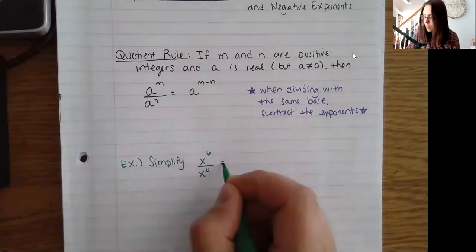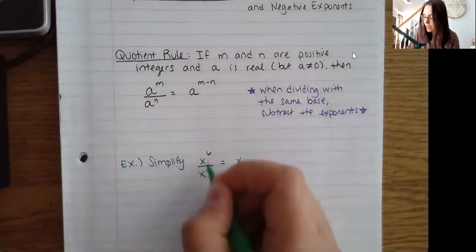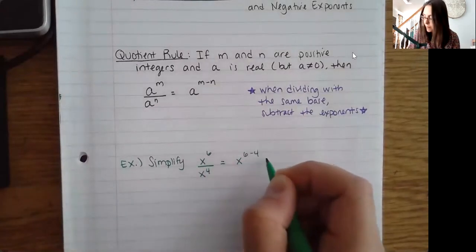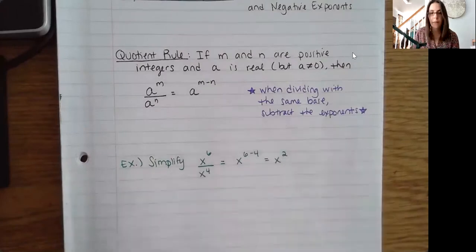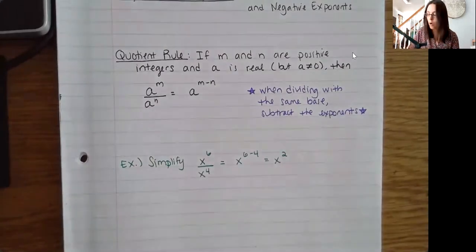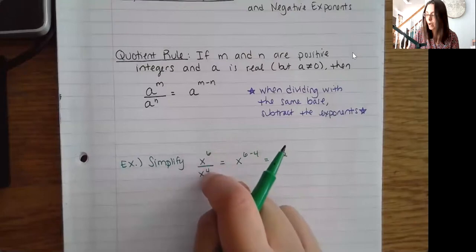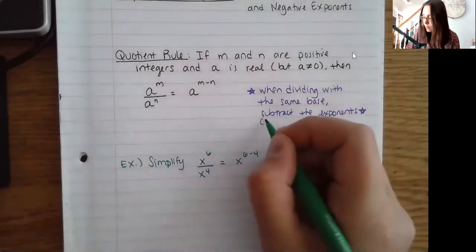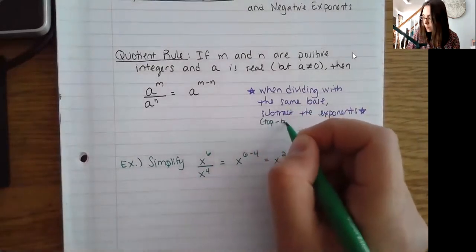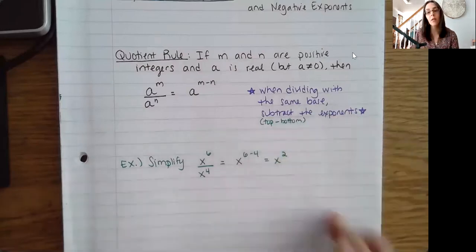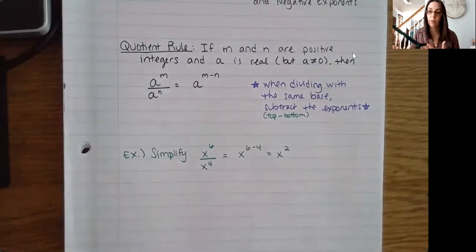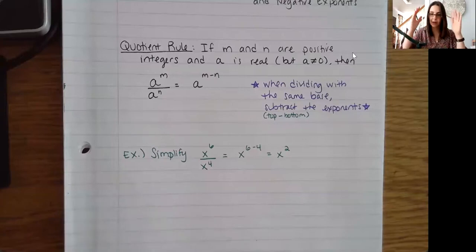So what the shortcut says is we just take our exponents and subtract them. Now it is really important when you subtract, you always do the top minus the bottom. If you do it the other way, you're going to get the wrong sign and your answer is going to be wrong. So it's really important to just be careful with that subtraction and go top minus bottom.